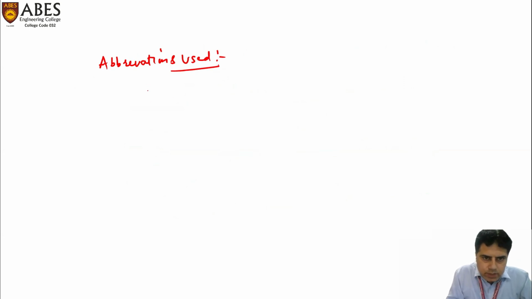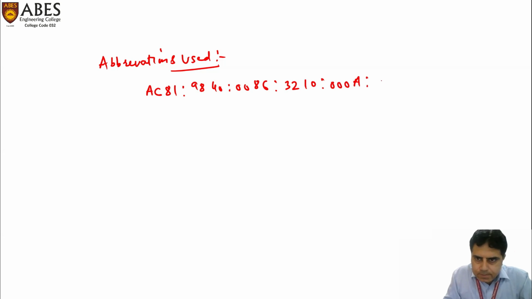This is an unabbreviated address: AC81 colon 9840 colon 0086 colon 3210 colon 000B colon BBFF colon 0000 colon FF.